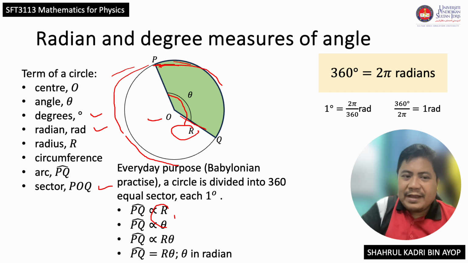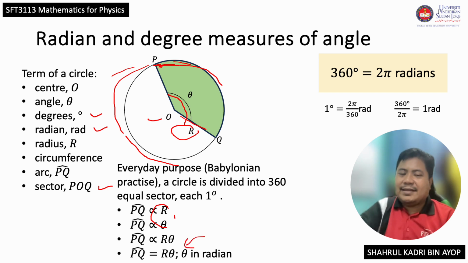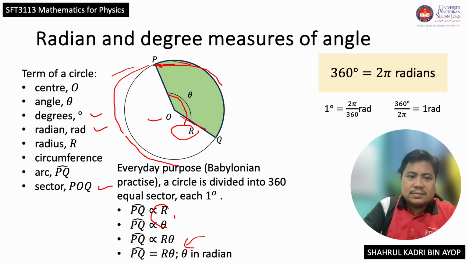So to define it well, the arc is equal to R multiplied by theta, and make sure the theta is in radian. So that is the definition of theta, where theta is the ratio of the arc PQ over the radius.